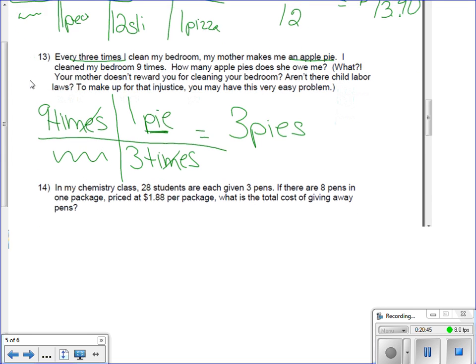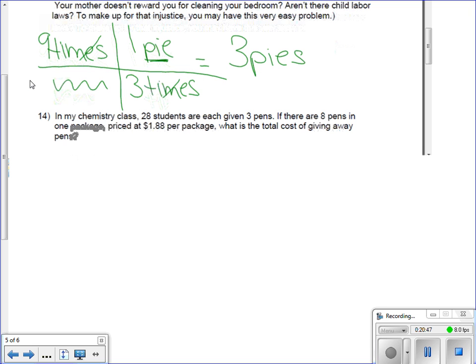All right, and number 14. In my chemistry class, 28 students are each given 3 pens. All right, so are 28 students given 3 pens? No. Each student is given 3 pens. So each means one student gives 3 pens.